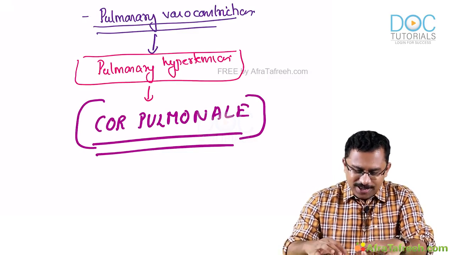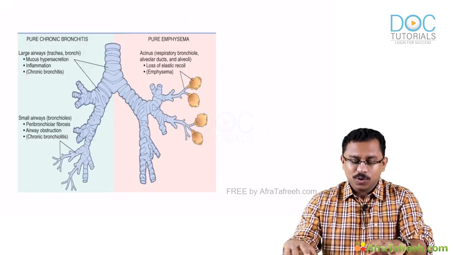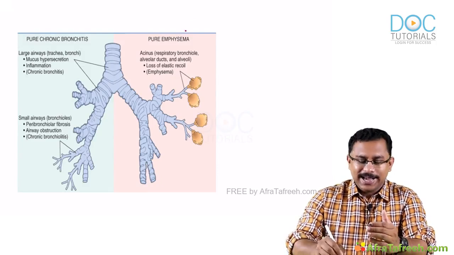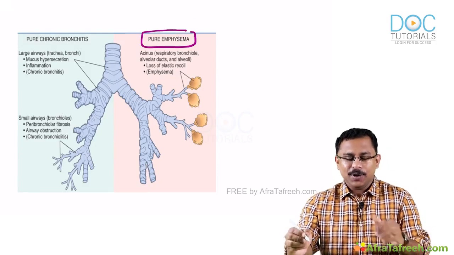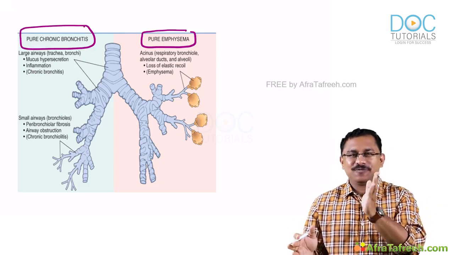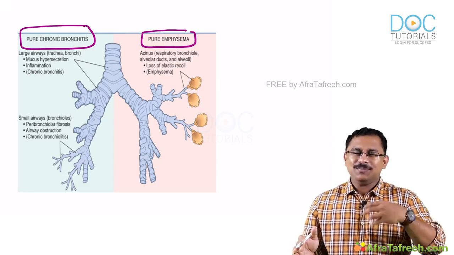Okay. Now, just to make a comparison of your emphysema with chronic bronchitis, because as of now we have discussed pure emphysema. We are going to compare it with bronchitis. You first of all just have a look at this picture now. We will come to it.